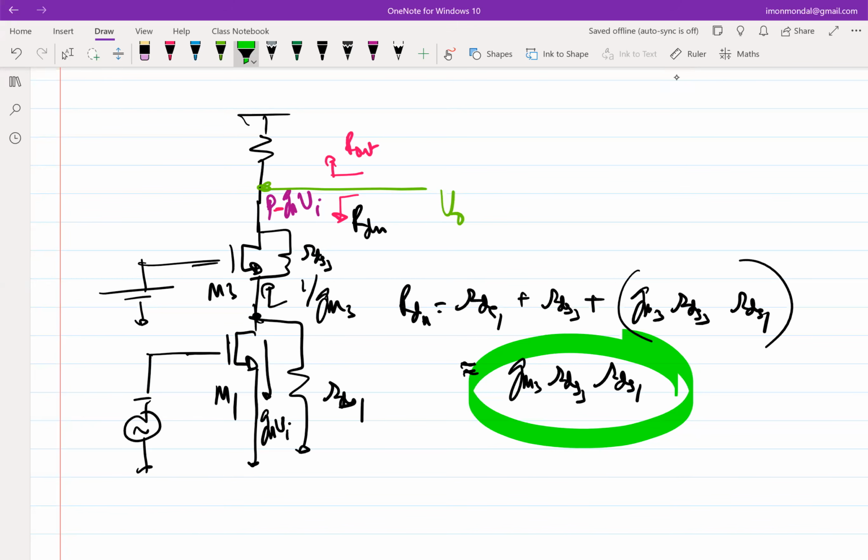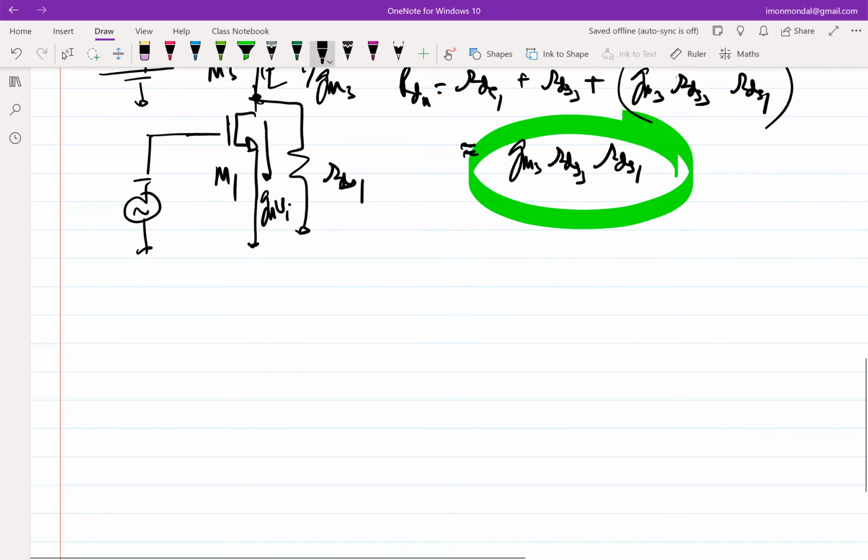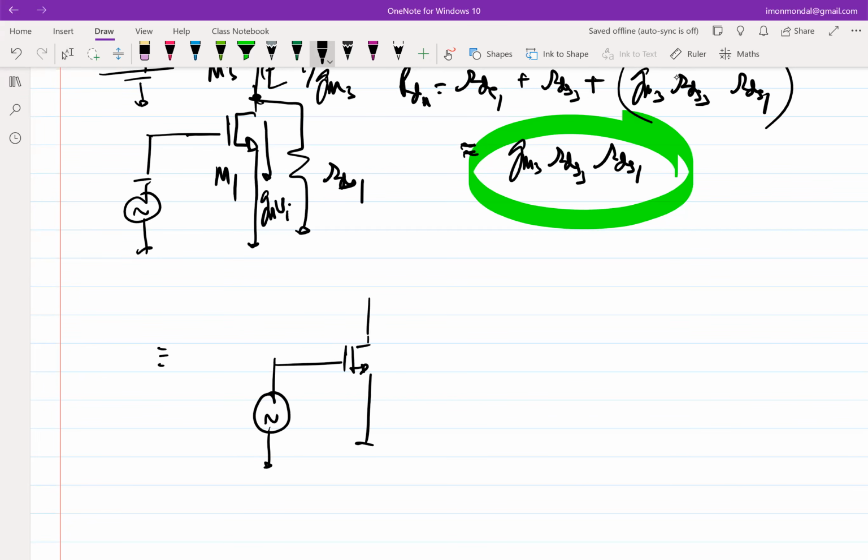You can assume that this is almost like a case in which, if you don't know what is inside your architecture, this would seem like you have a transistor whose short circuit current is GM times VI, and its output resistance is GM3 times RDS3 times RDS1.